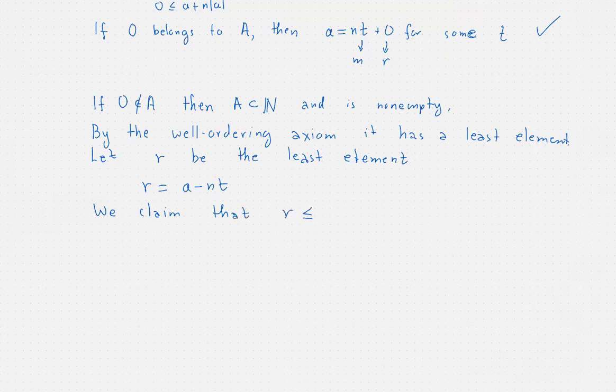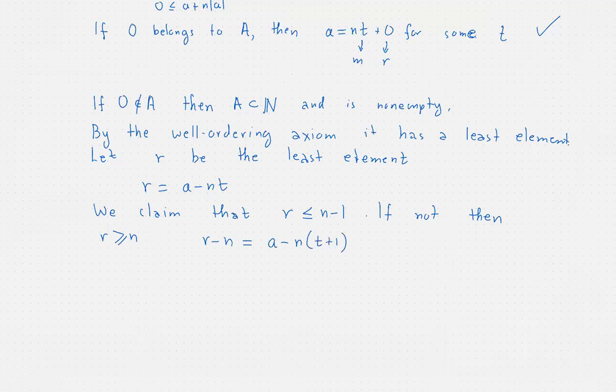If not, then R is greater than or equal to n. And so we could subtract n from both sides, and we could write R minus n is equal to A minus n times t plus 1. Okay, and then all of a sudden, we have that R minus n is greater than or equal to 0.